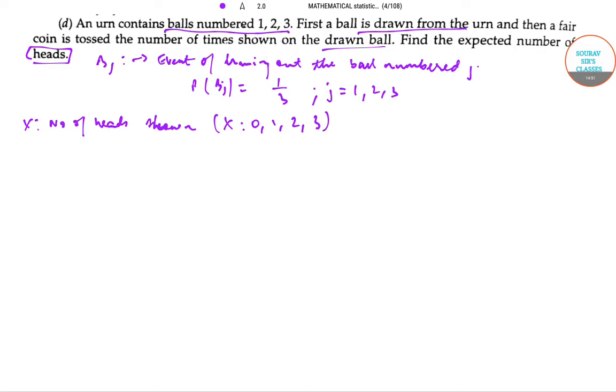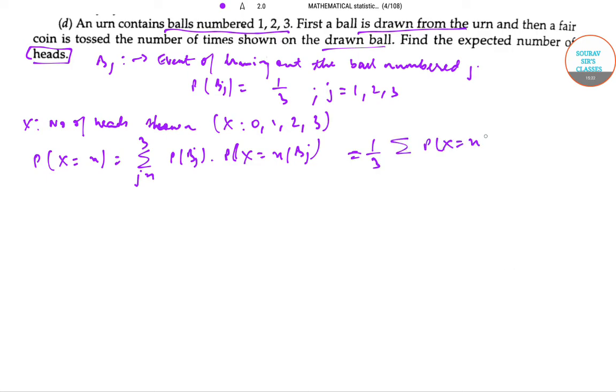Now the probability that x is equal to a number, say 0, 1, 2 or 3, is equal to the summation over j from 1 to 3 of P(Bj) times P(X = x given Bj). So this is actually 1 by 3 summation P(X = x given Bj).